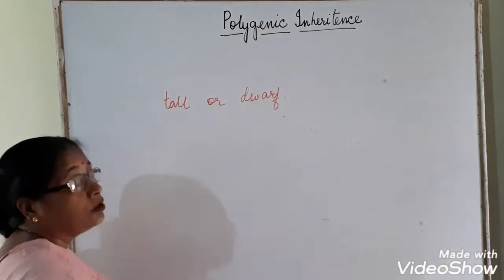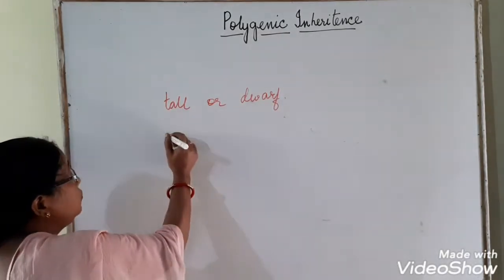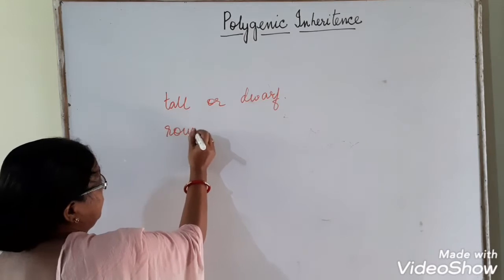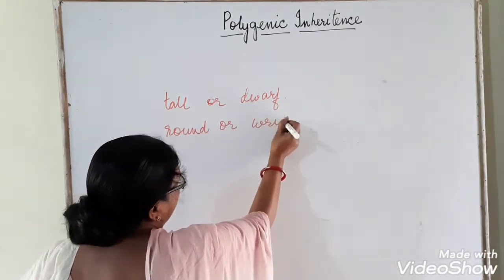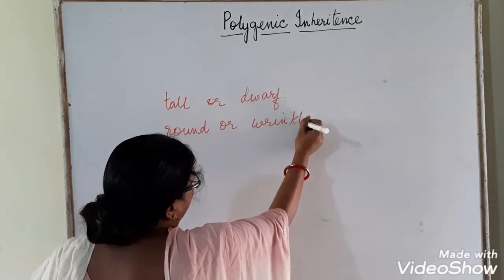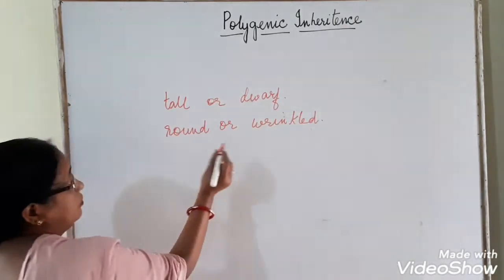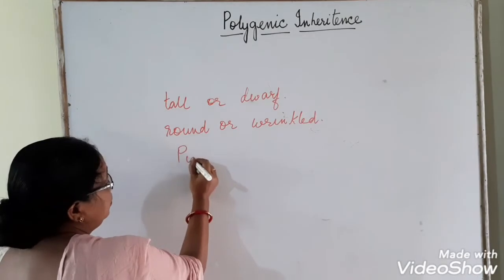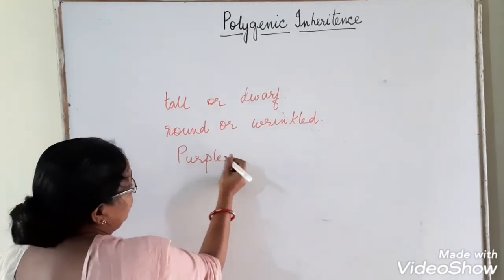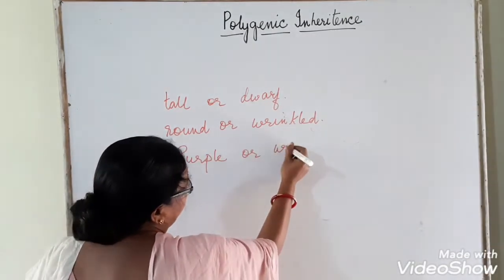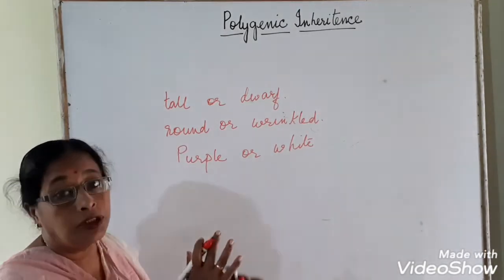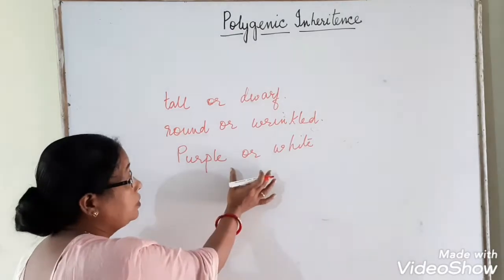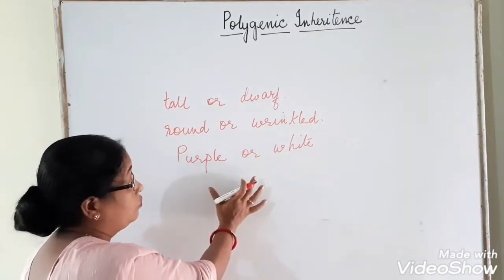There was no intermediate form. Round or wrinkled. Purple or white. There was no intermediate form or intermediate alleles in between these two.